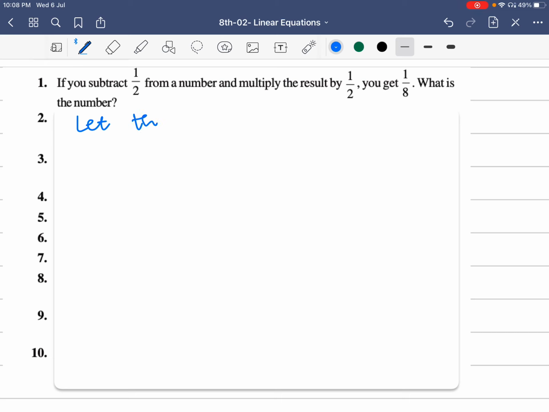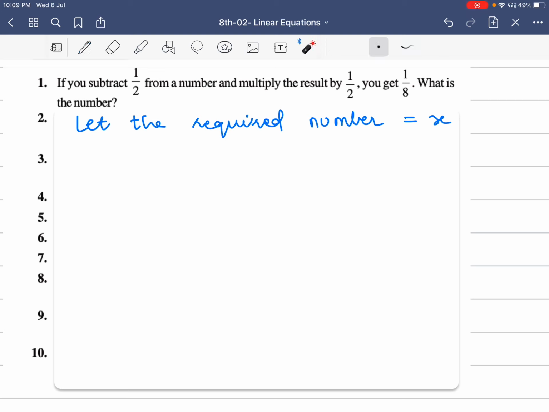Let the required number be equal to x. Let x be the number that the question has asked us to find out. Now let's read the question again.